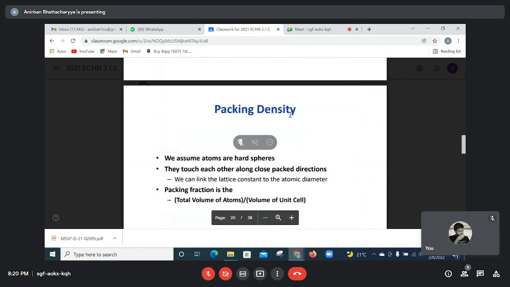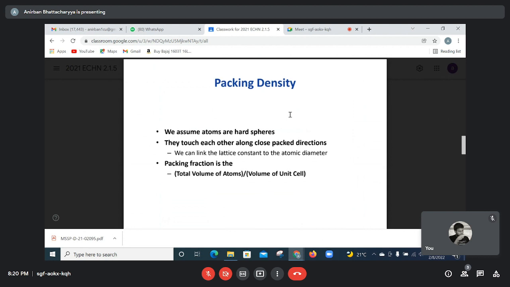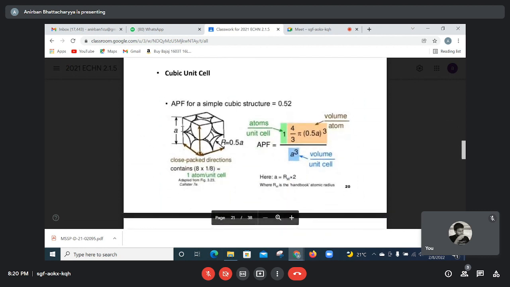And then there is something called the packing density. You have to figure out how many atoms are there, and how much of the space is material and how much is vacuum. So we assume atoms are hard spheres. Let's try to figure out. Can you see the simple cubic picture here? Can you see the atoms are touching each other, right? And they are hard spheres.